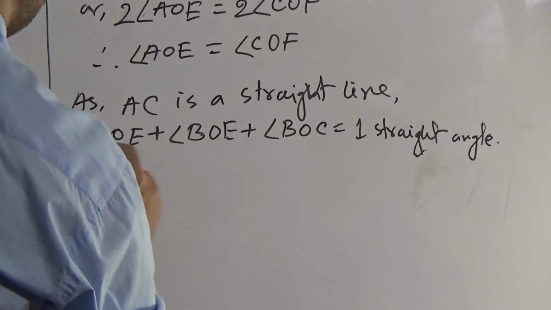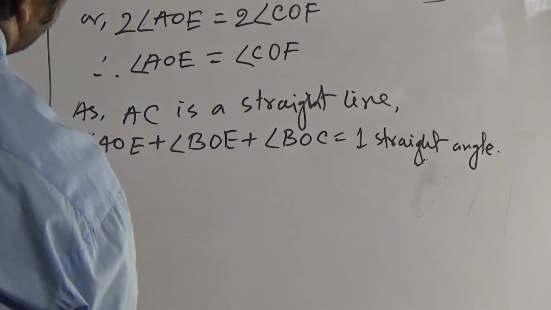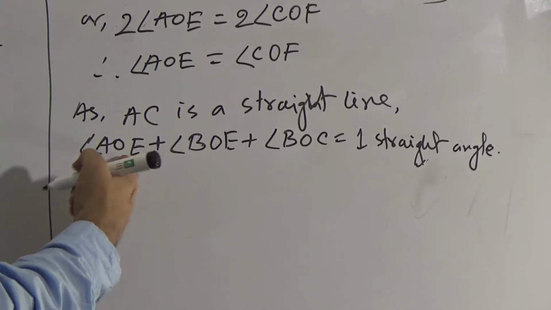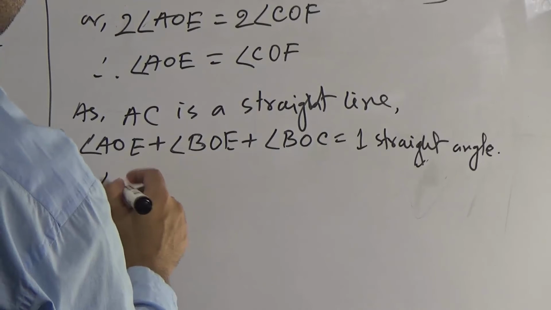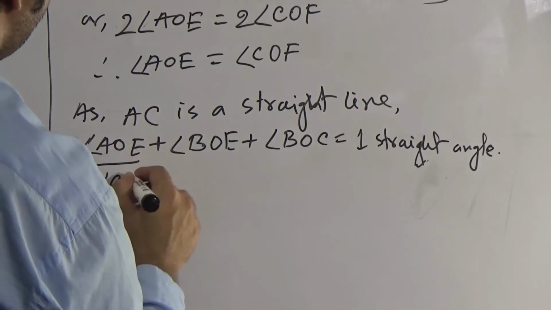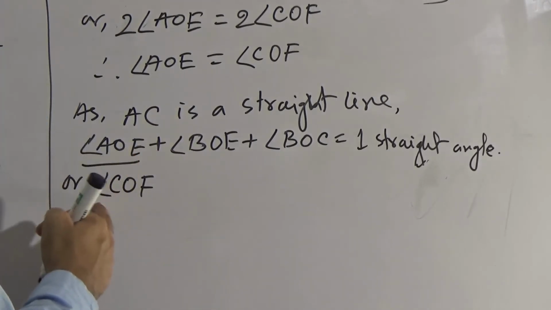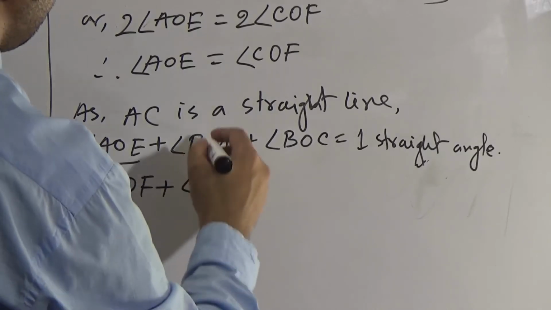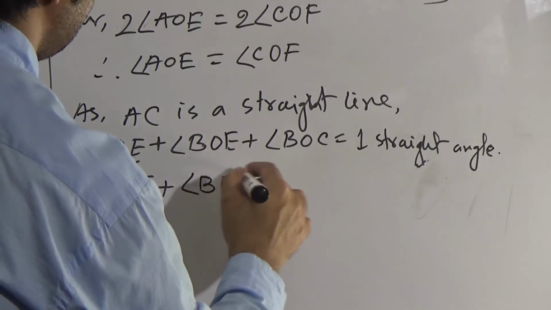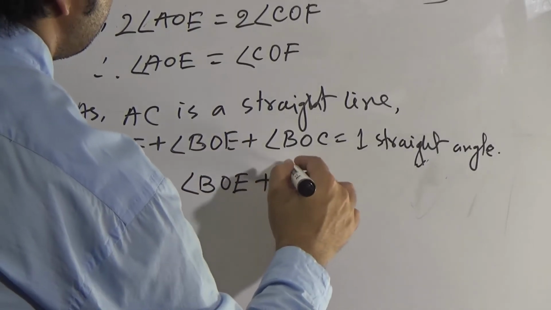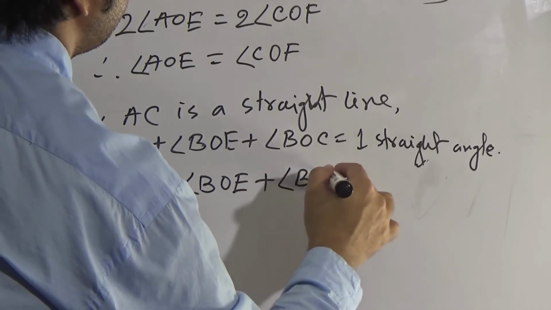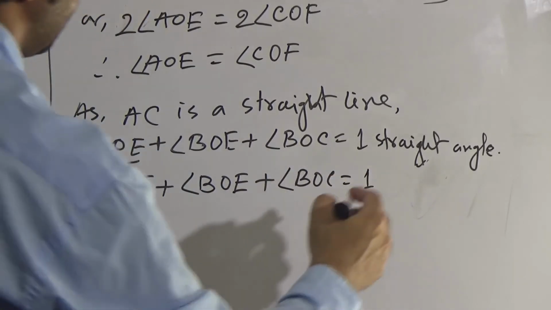Okay, now we can replace angle AOE by angle COF. AOE is replaced by COF. Then these two remain the same, BOE plus BOC. This means one straight angle.